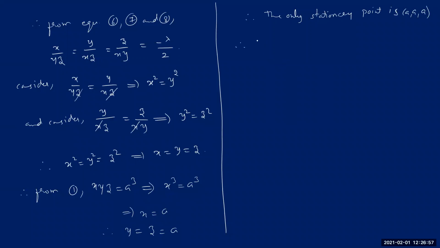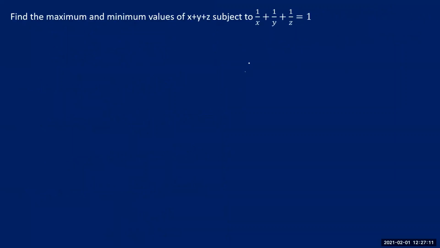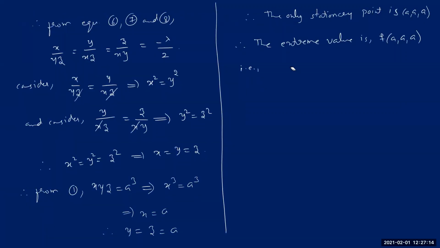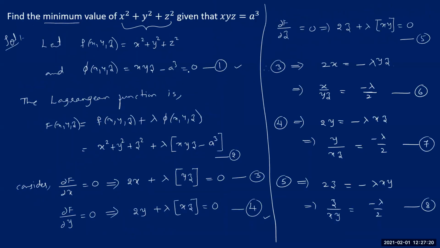And therefore the extreme value is f of (a, a, a). That is, f of (a, a, a) is equal to, see, the function you are given is x square plus y square plus z square.